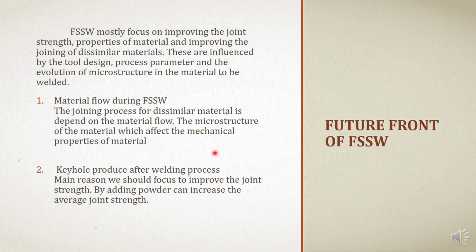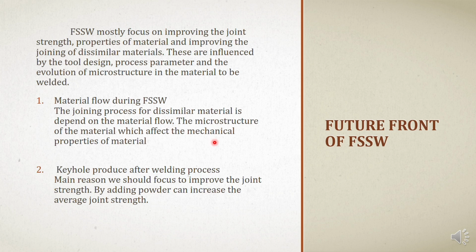Friction stir spot welding research is mostly focused on improving the joint strength properties of materials and improving the joining of dissimilar materials. The first thing we should discuss is the material flow during friction stir spot welding. Material flow is important because the microstructure of the material will affect its mechanical property.